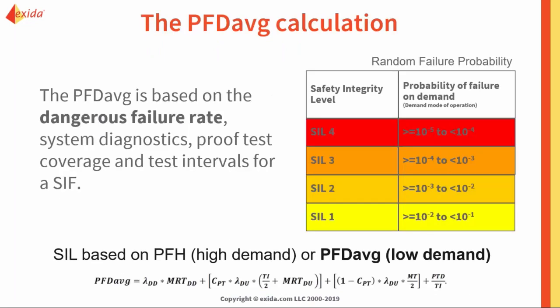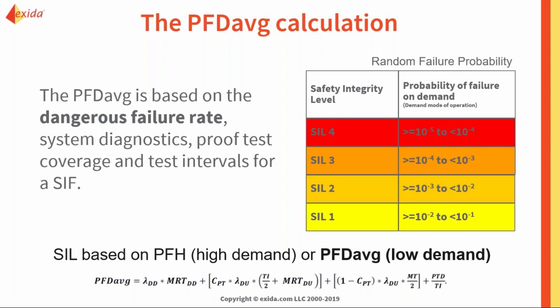So they take those variables that go into the equation, and as you can see, one of the more complex equations is there on the bottom of the screen, put it into that calculation, and then we can calculate what the average probability of failure on demand is. Then the end users will be able to find out what SIL level they are actually running at.